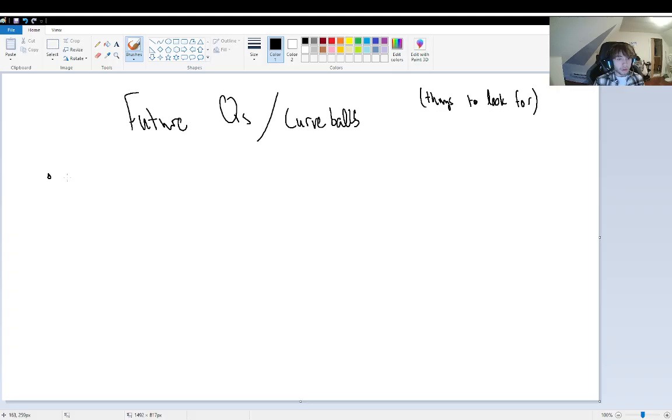Sometimes they may ask you to do theoretical versus actual yield, and this is very common in lab. So percent yield is quite important.